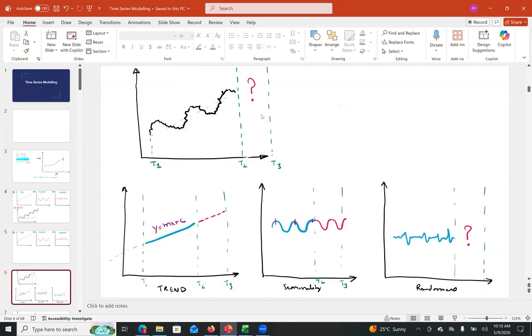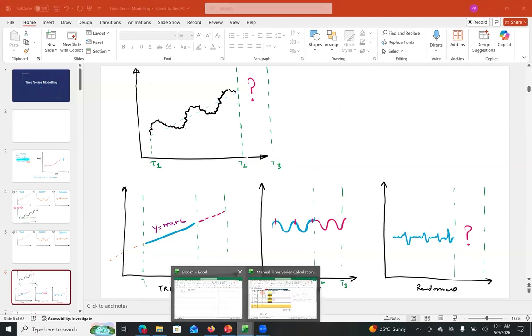From this time series. And this component is repeating. But is the time series repeating? No. So why is that happening? Because a time series is a combination of three components: trend, seasonality, randomness. If you look at only the seasonality component, that will repeat itself. But when we combine the seasonality component with the trend component, the values will not repeat themselves. We will see this in the example as well.